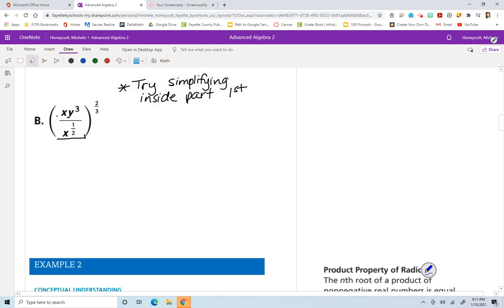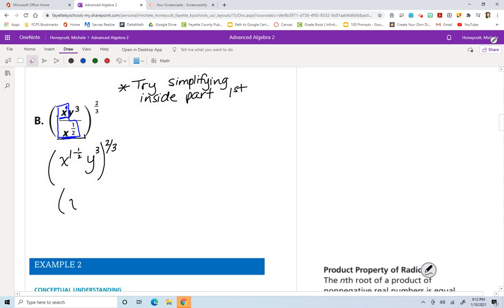And I notice that I have an x and an x to the 1/2. So I can combine these by subtracting their exponents. Now in the numerator there's not an exponent written, but if it's not written it's understood to be 1. So inside those parentheses, I can think of it as x to the 1 minus 1/2 times y cubed, then all raised to the 2/3 power.